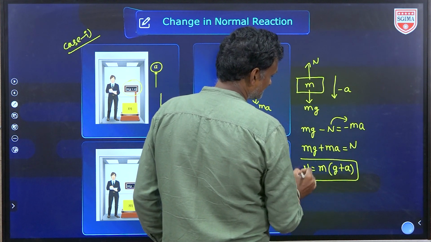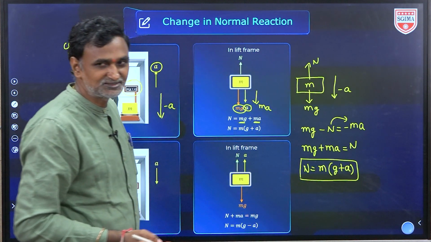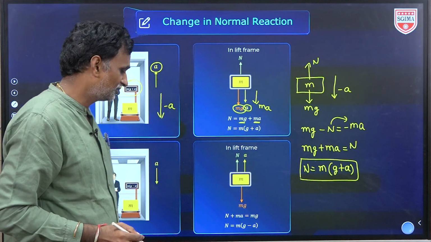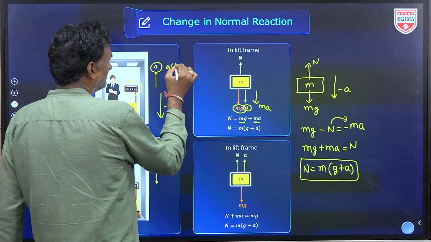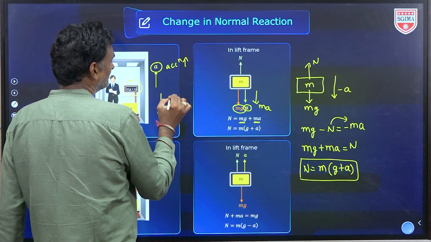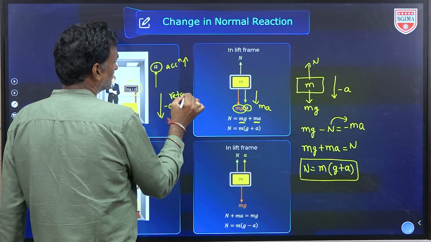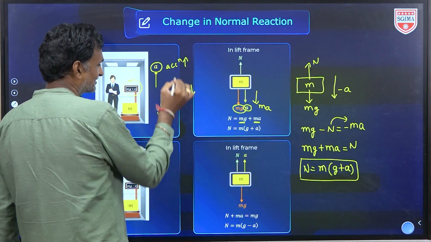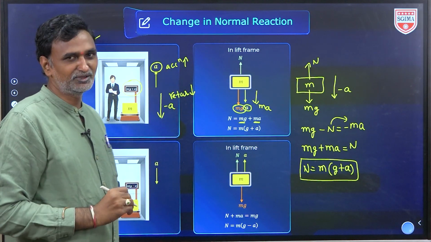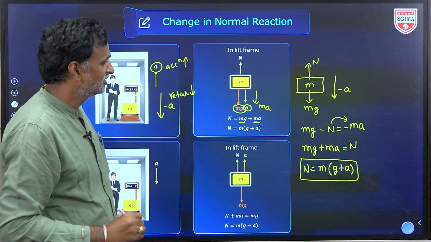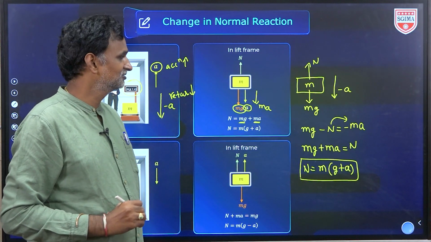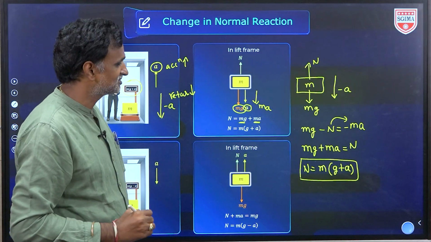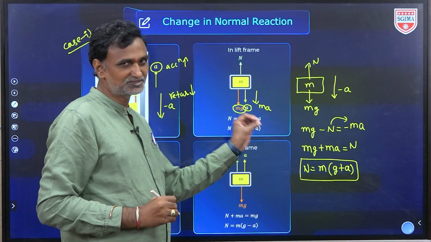Again the answer is the same, which means we get the same answer when the lift is accelerating upward and retarding downward. When the magnitudes of acceleration and retardation are the same, the normal force or apparent weight shown by the weighing balance is also the same. So this is what we discuss in the first case.